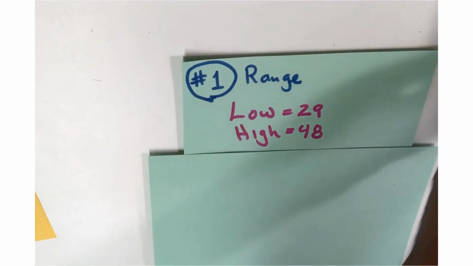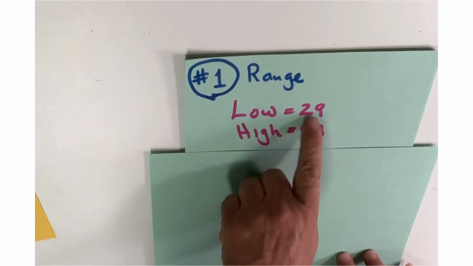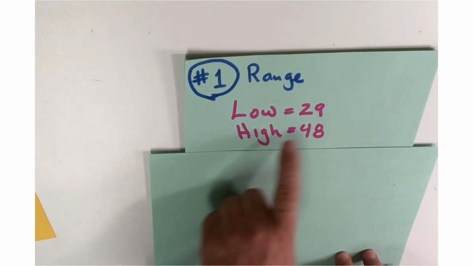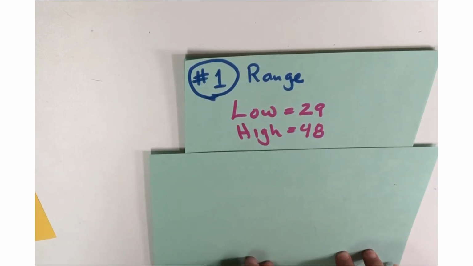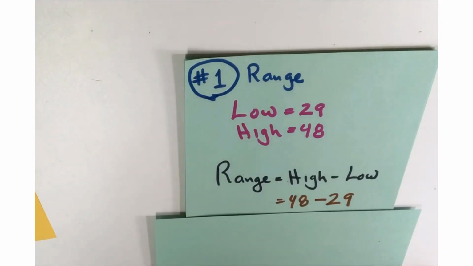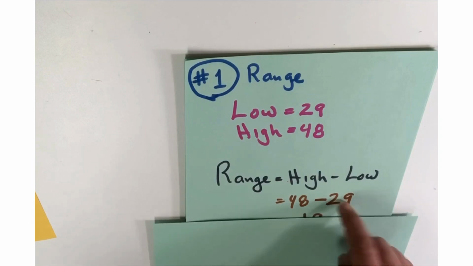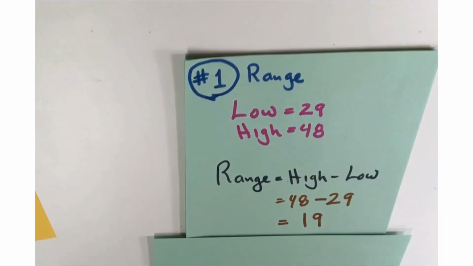If you take a look at your data, you're going to see a table with a lot of numbers. The lowest one is 29 and the highest one is 48, and the keyword is range. So what am I going to do? Just simply subtract. The range is the high minus the low. When you subtract, you end up with 19.